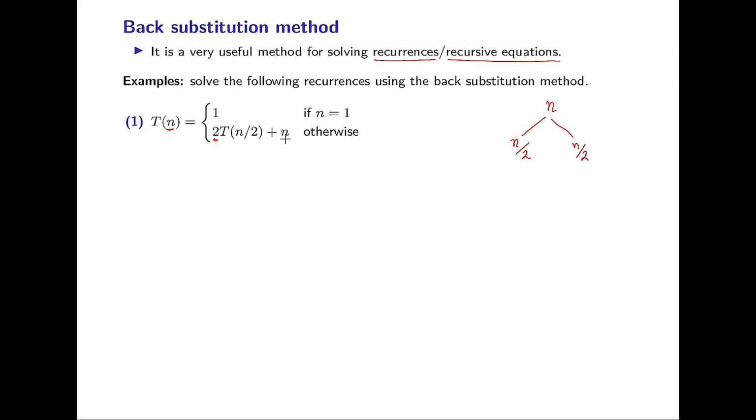Now what is n here? n is the cost of dividing and combining together. What do I mean by that? The problem of size n is broken into two subproblems, each of size n/2. We solve these smaller subproblems independently and then combine them to provide the solution for the problem of size n.